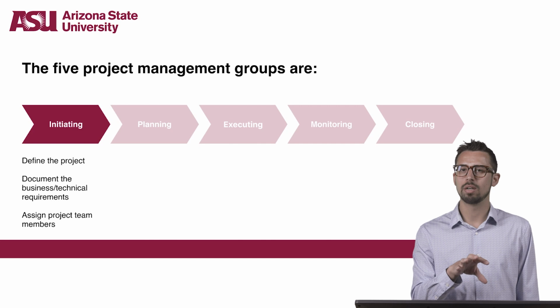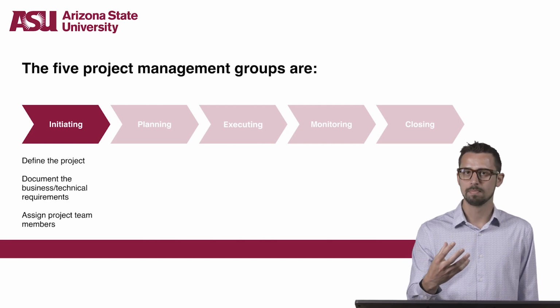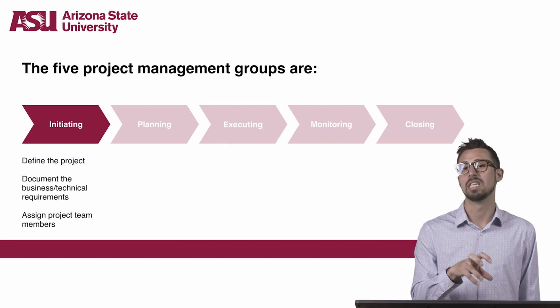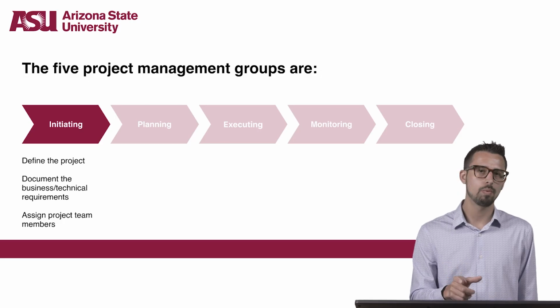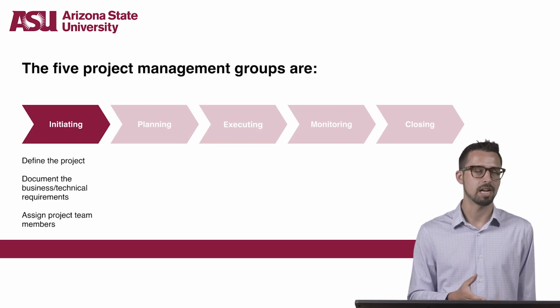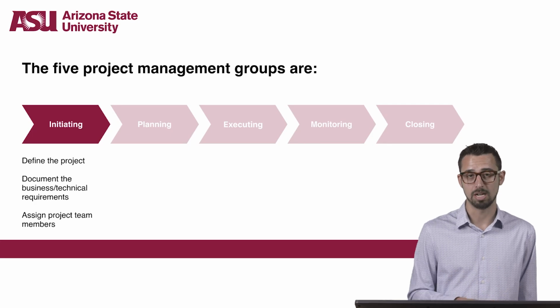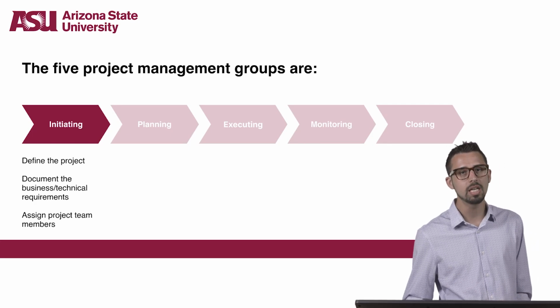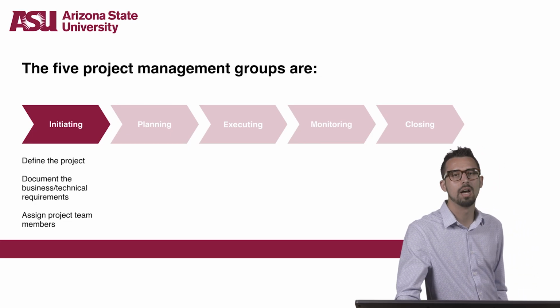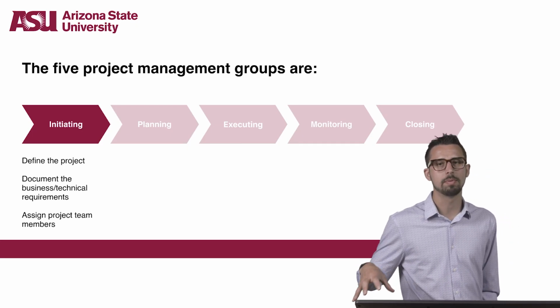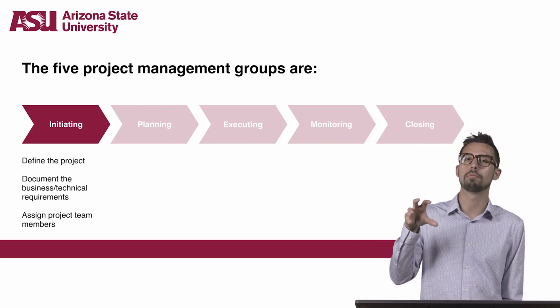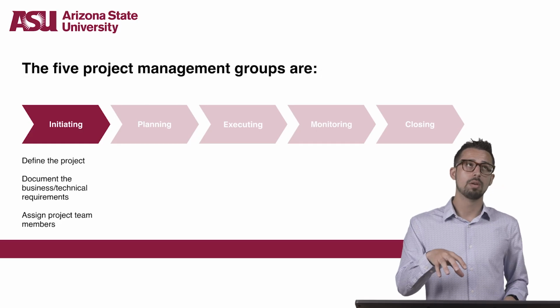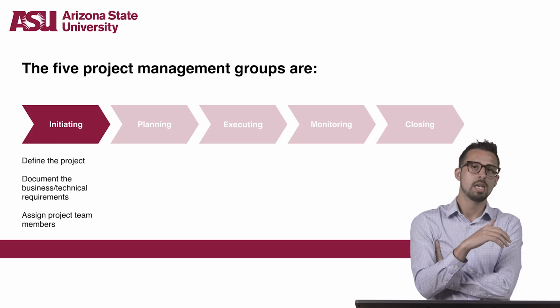And this is where the project vision is both defined and documented. This is also where known business and technical requirements should also be documented. This phase of basic project planning is also when your project team members will most likely be assigned.